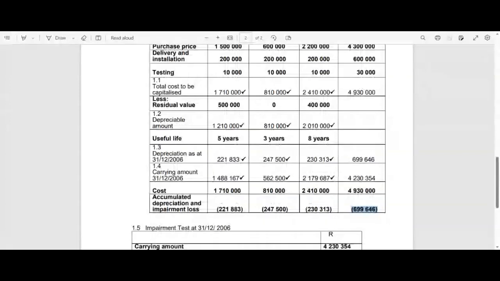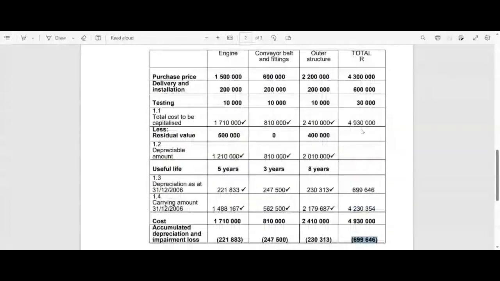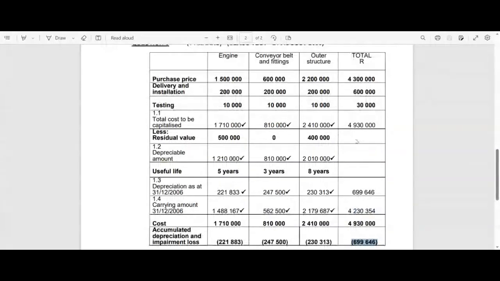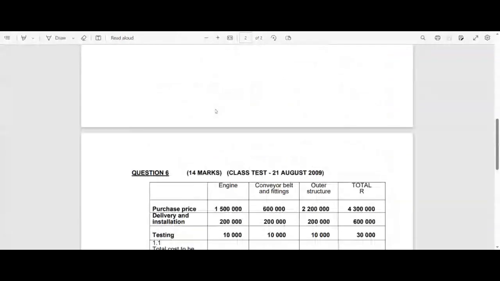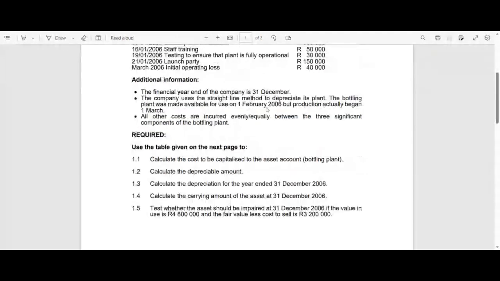So, ladies and gentlemen, our first question here, when we are going to do an impairment test, as we know, that is the last part here. We've got to check whether the asset is impaired or not. Right. Maybe let's go one step back. If we do an impairment test, what do we compare with what?